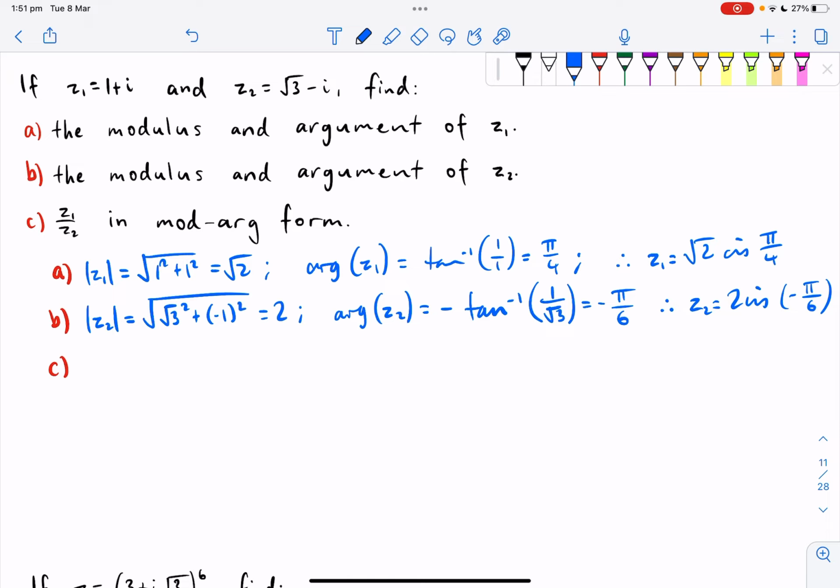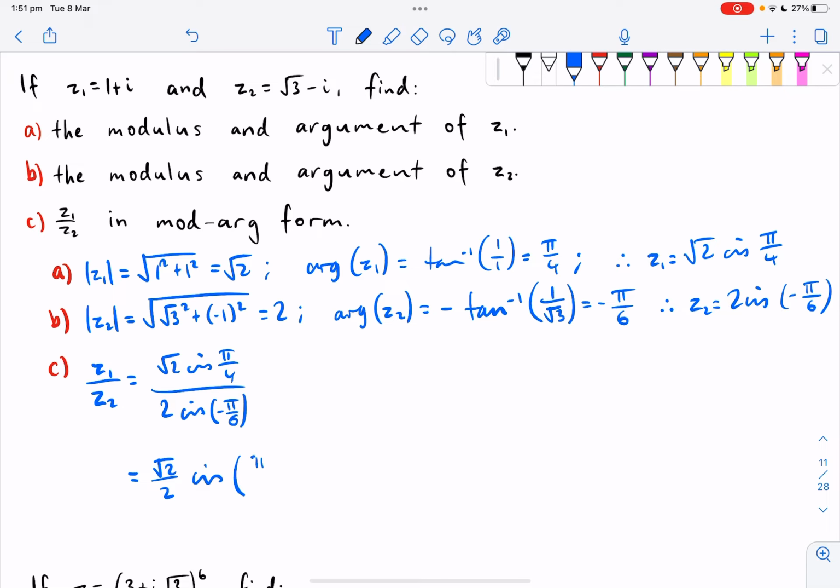And then finally part C. Express z1 over z2 in mod-arg form. So z1 over z2 equals, and we just take our two complex numbers. We have root 2 cis pi on 4 over 2 cis negative pi on 6. Alright, so root 2 over 2 is understandable. Now the cis part, this is where it becomes excellent.